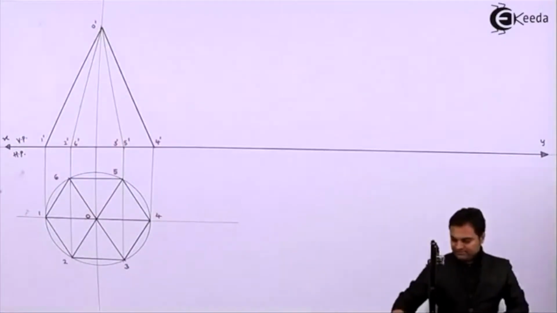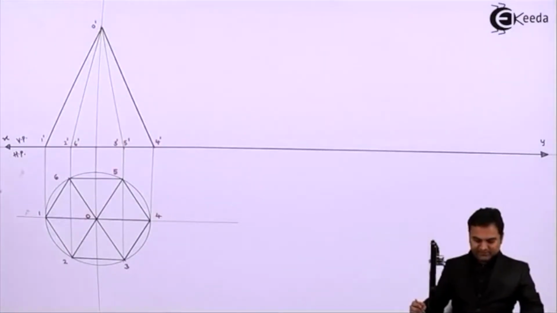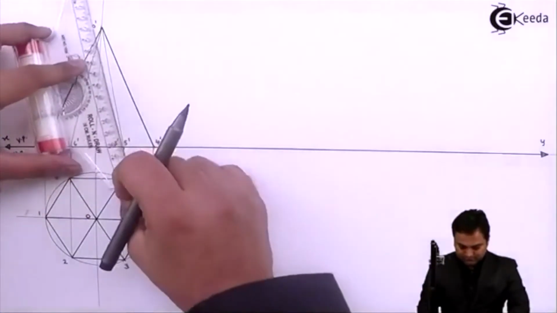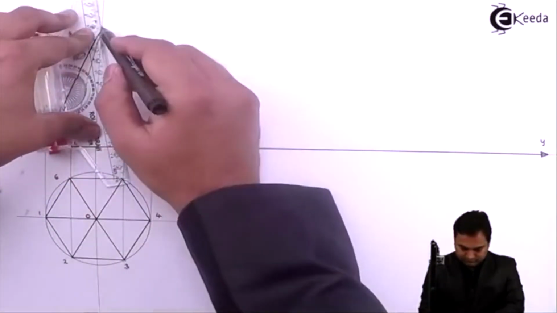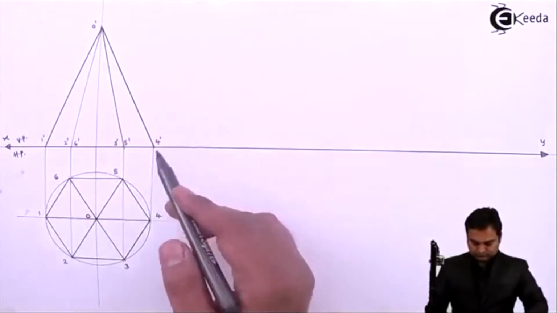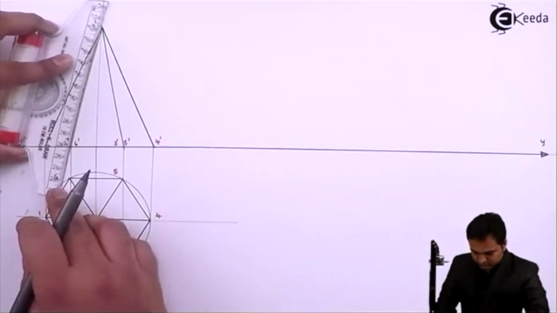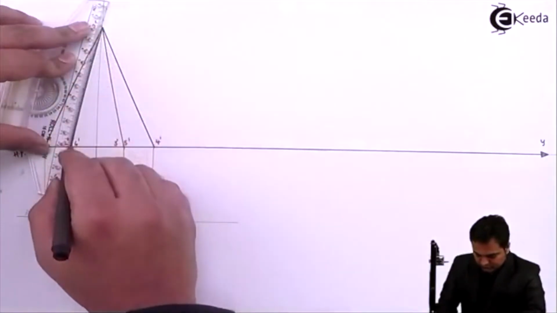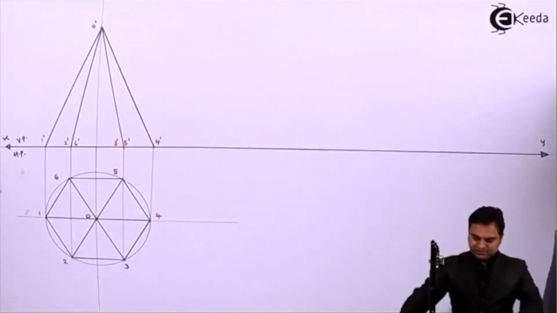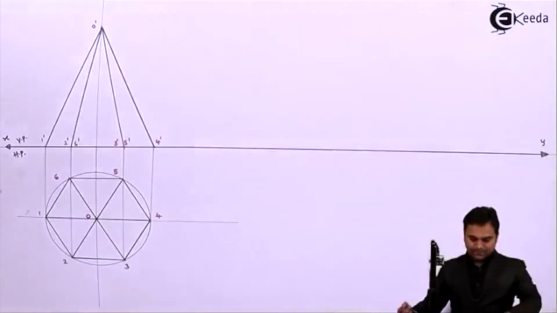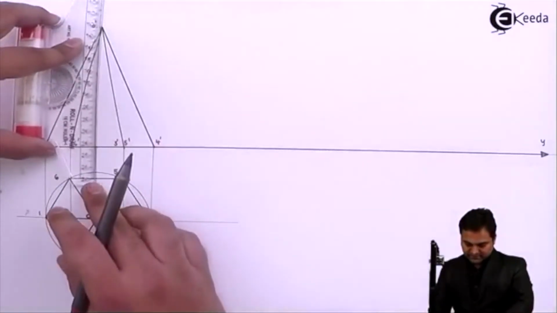Now I'll make the next edges dark, which is 3 dash 5 dash connected to O dash. 2 dash 6 dash will be connected. And here is the apex, or we can say the axis.